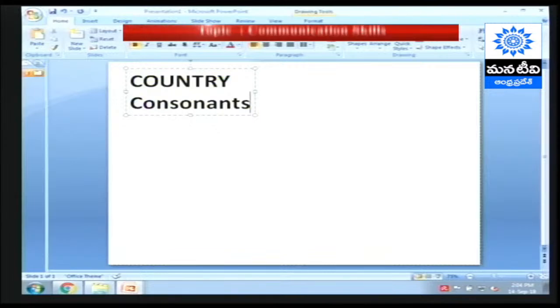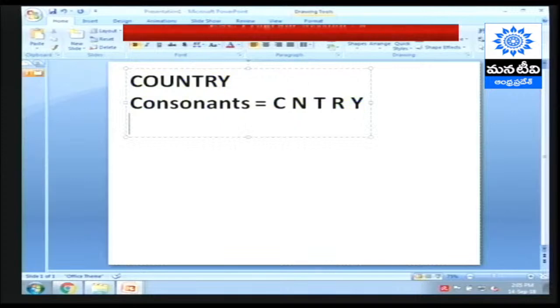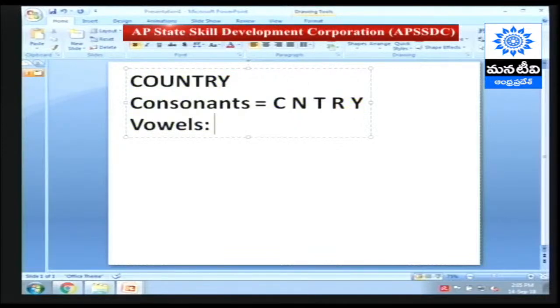I am only talking about consonants and not consonant sounds. So, I have C, N, T, R, Y. These are consonants. And vowels, I have O and U.